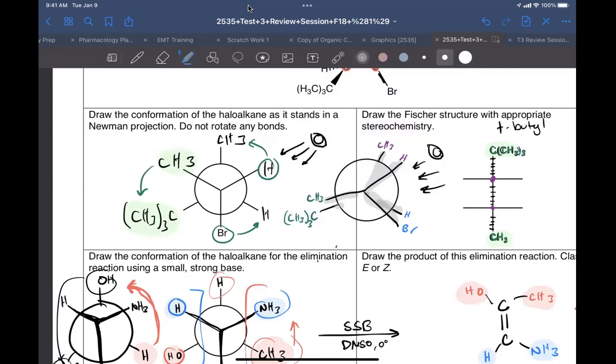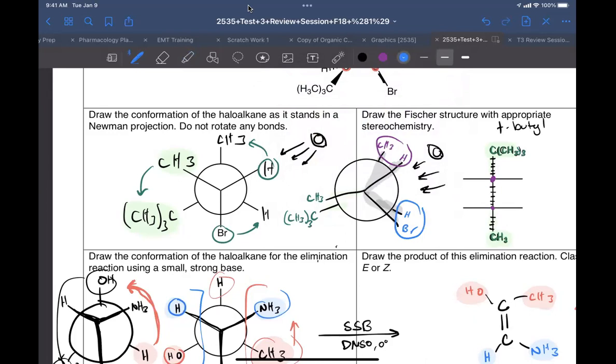While these CH3s are facing away from us. That's why we want to keep that perspective. So if these are away from us right here, well, it matches our description in our Fischer structure. They're dashed. So they're facing away from our plane. And you see right here, these are eclipsed and these are eclipsed. They're paired with each other. So they must be on the same side.